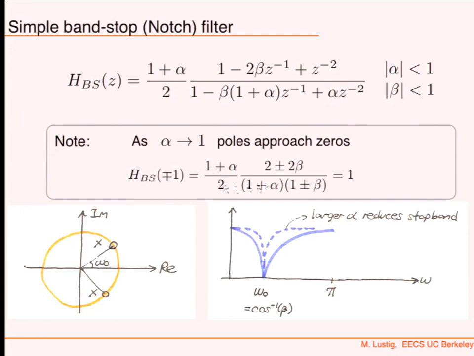So if you look at what actually happens as alpha approaches 1, this approaches 2, this approaches 2, and then you've got yourself a magnitude of 1. Okay, so at plus minus 1, you'll get a magnitude of 1.